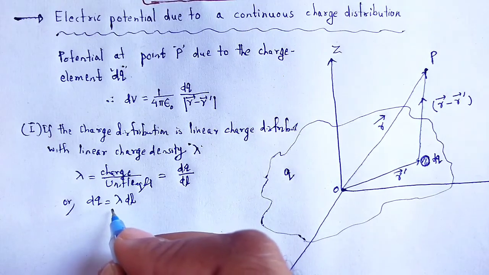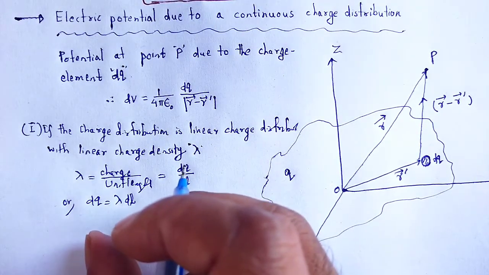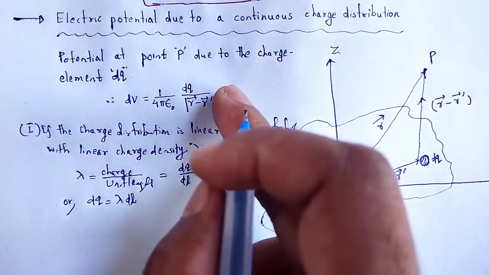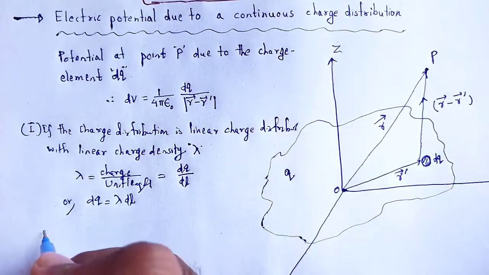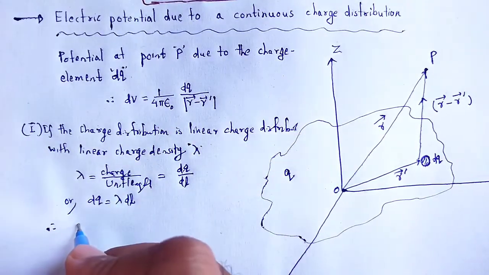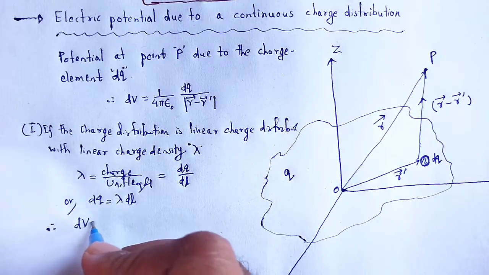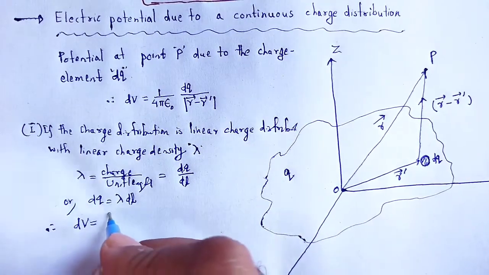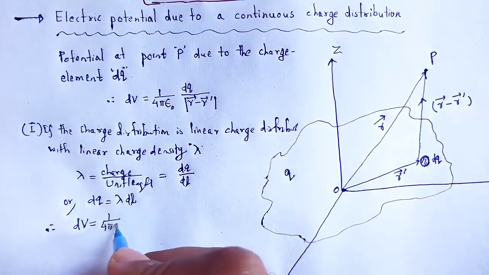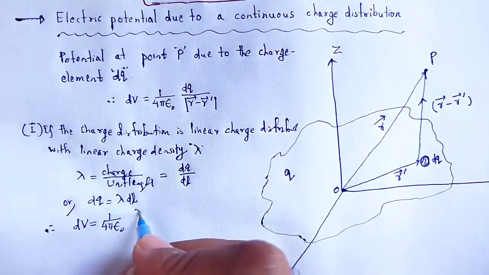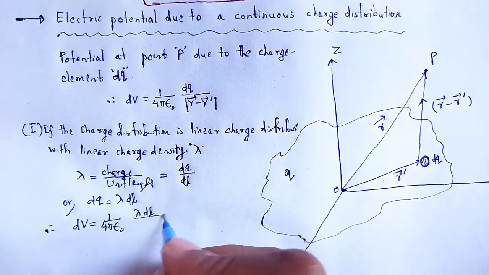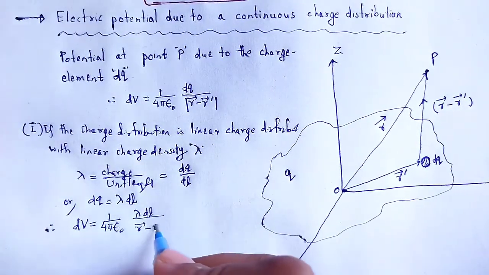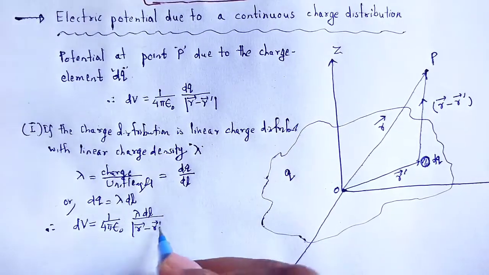Putting that value in the expression, the small potential will be 1 by 4 pi epsilon naught, lambda dl divided by the magnitude of r minus r dash.